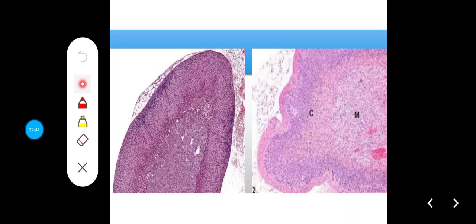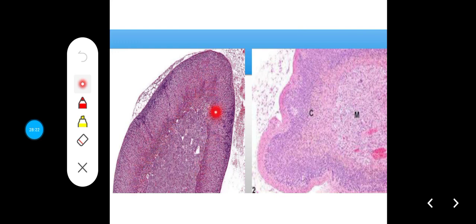Okay, this is another section of the adrenal gland. You can notice the medulla, the sinusoids within it, these spaces, and then you can notice the capsule, and the three distinct zones, with the middle zone of the cortex being larger than the outer and the inner zone of the cortex.